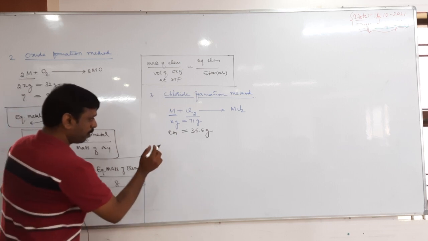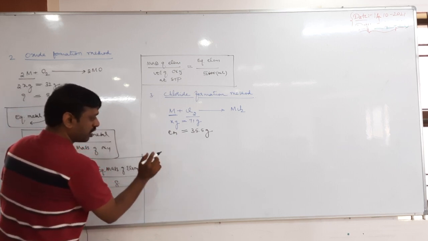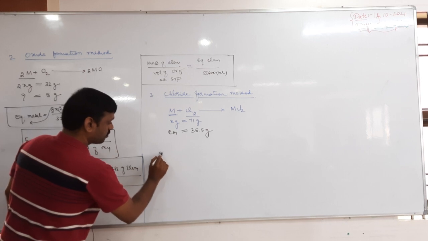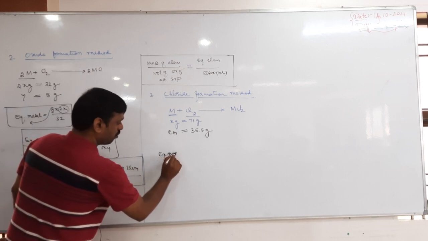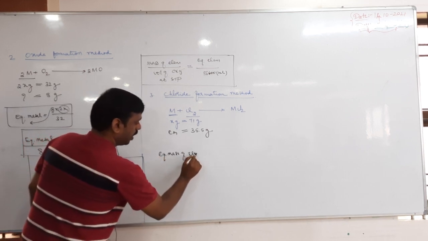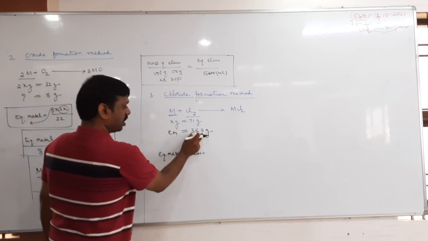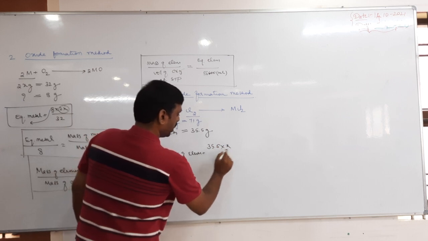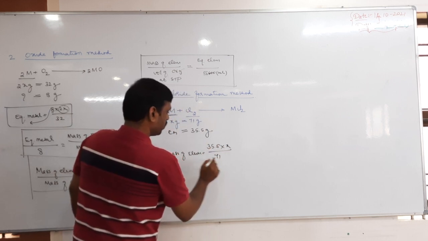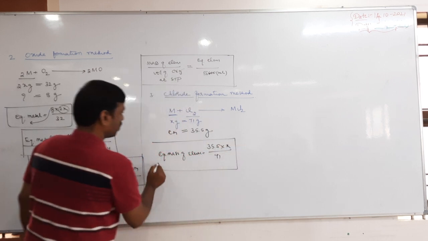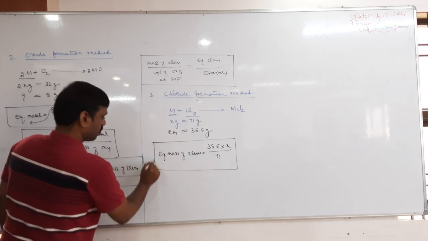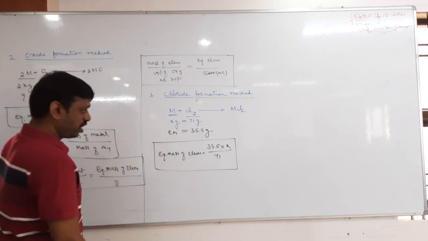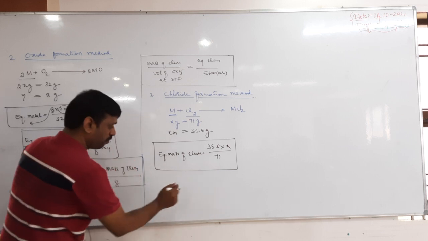So if you want to calculate equivalent mass of element, equivalent mass of element is equal to 35.5 into x divided by 71.